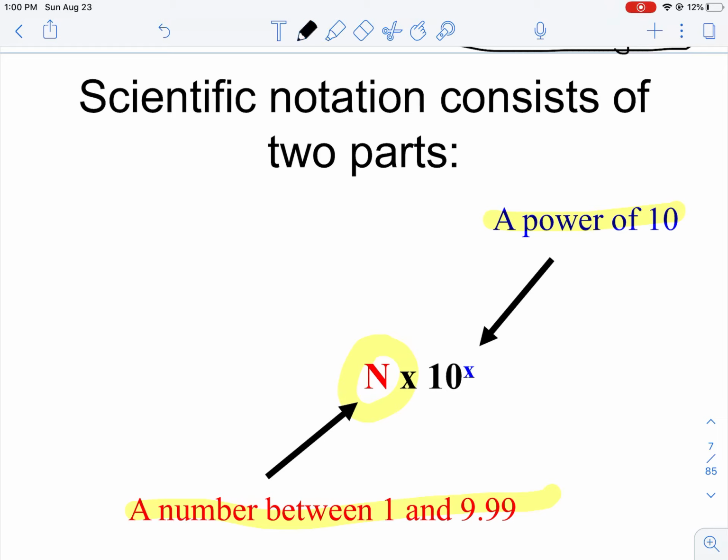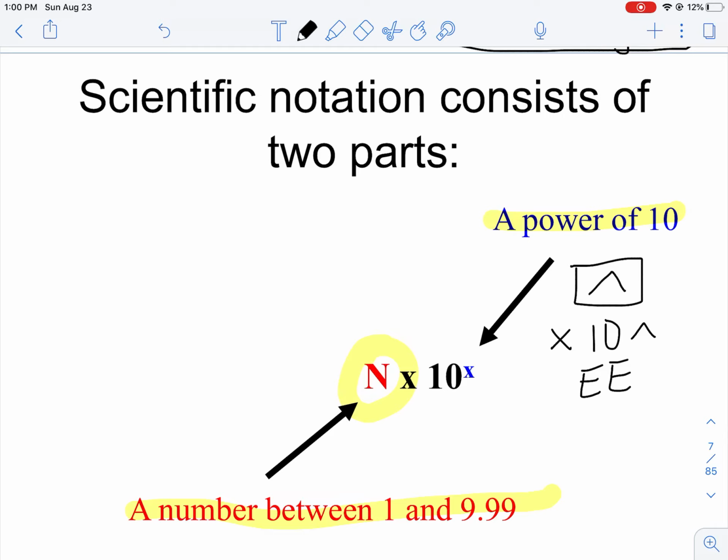All right, so on your calculators, most calculators will have that key. It looks like that. When you use that, though, you do have to type in times 10 and then that key and then whatever the exponent is. If you want to use your EE key, you do not need to type times 10 raised to the power.